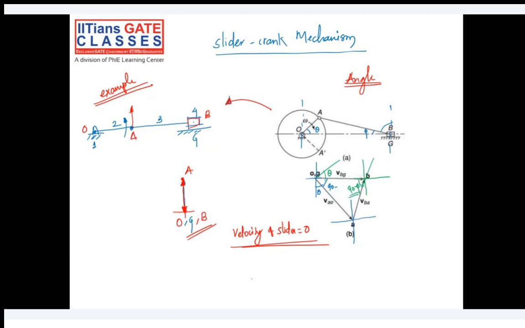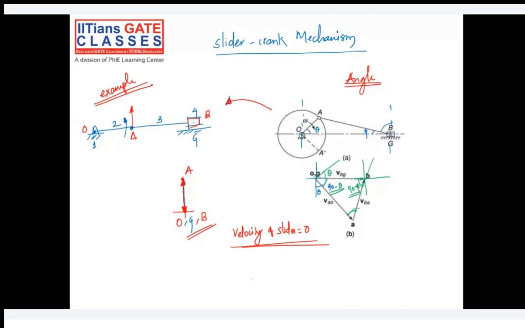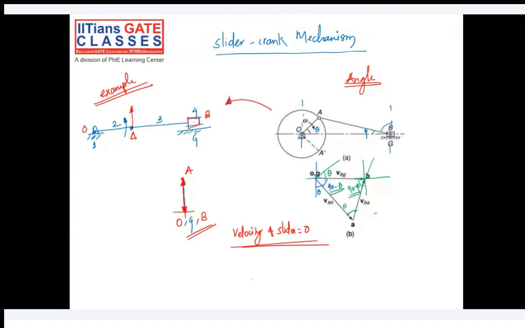The way I am writing 90 minus theta, in the same way you will write here 90 minus phi. And then what will be this remaining angle? It is 180 minus (90 minus theta) minus (90 minus phi), so it will be theta plus phi. Okay, are you following it?